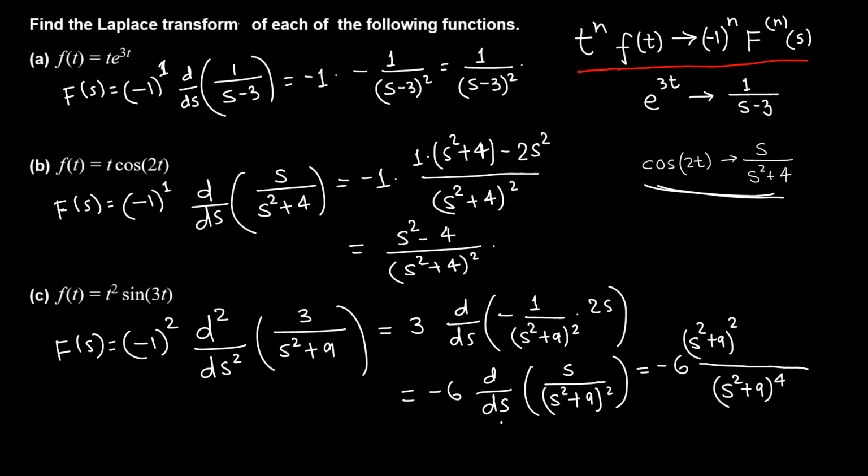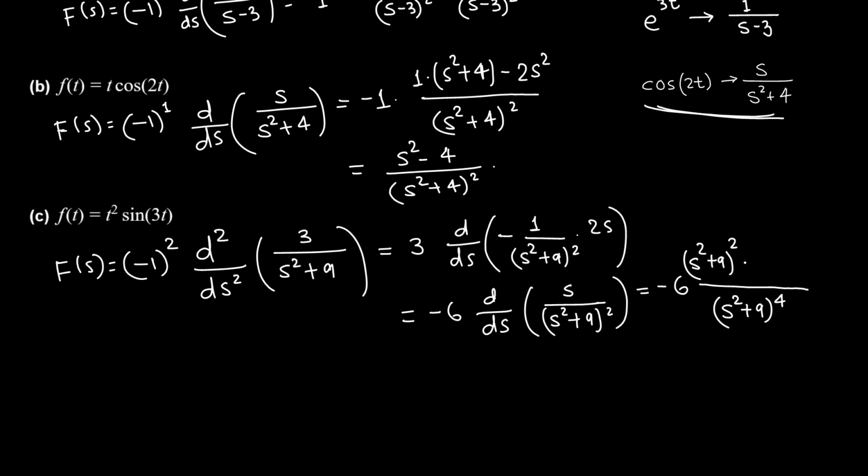Let me write over here, I don't have room, so let's go down here. Minus the derivative of the bottom, that is 2 times s squared plus 9 raised to 1 times the derivative of the inside, 2s, times the top, which is s.